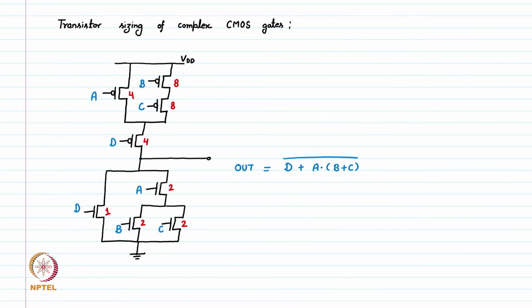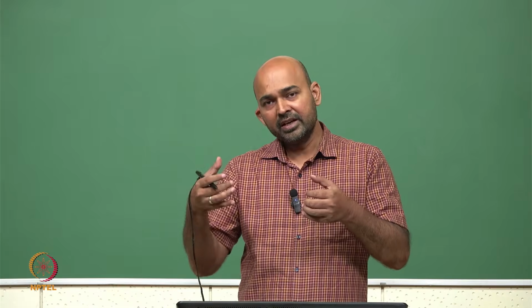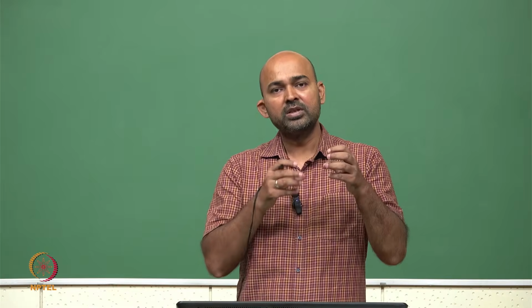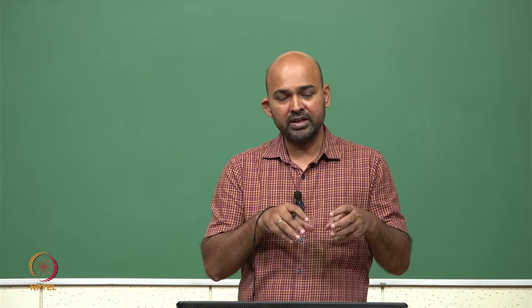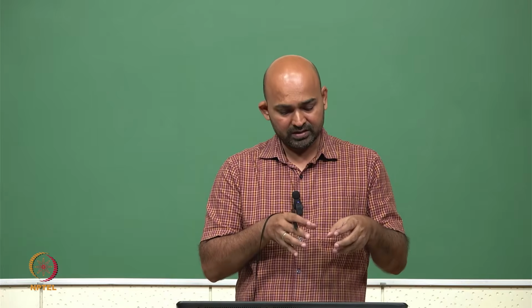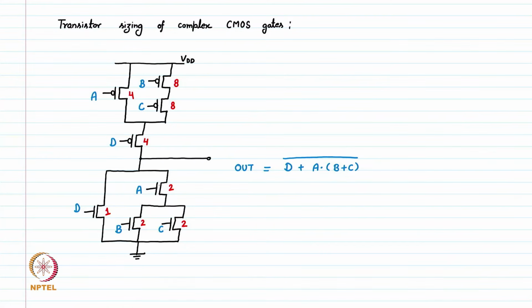The other thing is called fan out. Fan out is how many gates we can connect to a single logic gate. Let us say we consider this logic gate, how many similar kind of logic gates we can connect to the output of this CMOS.